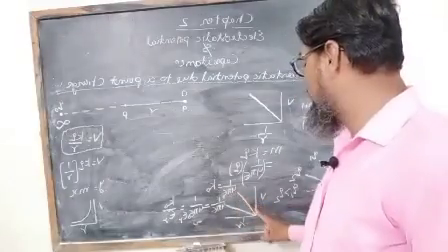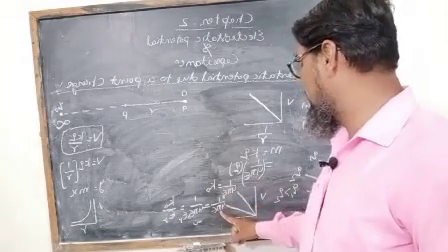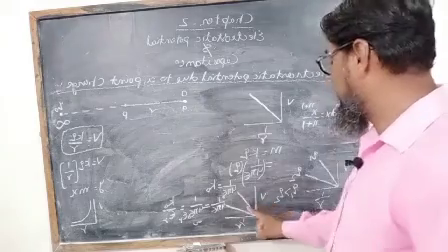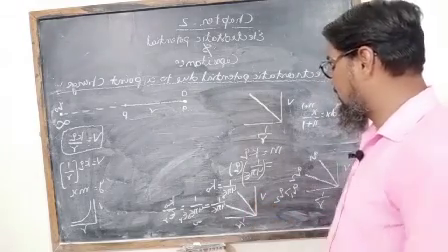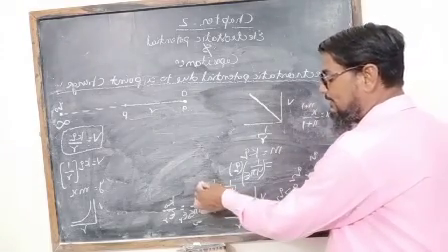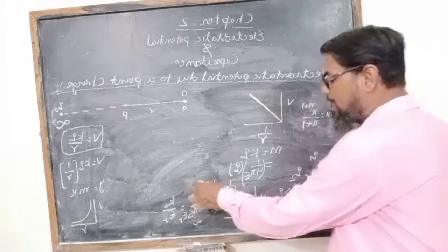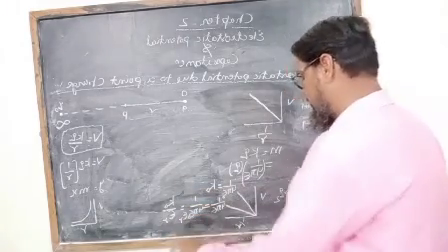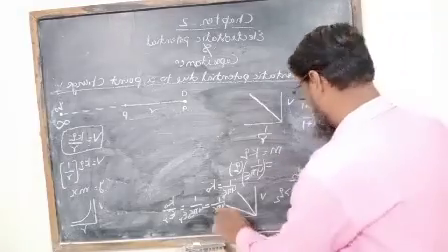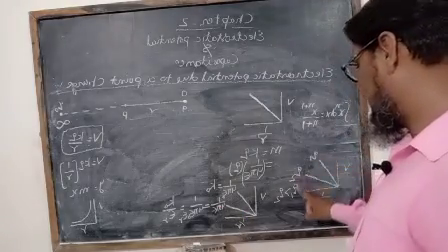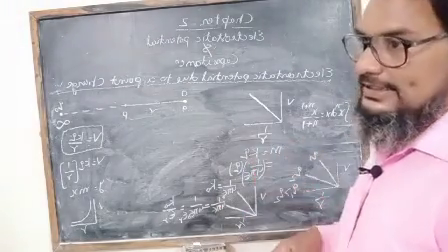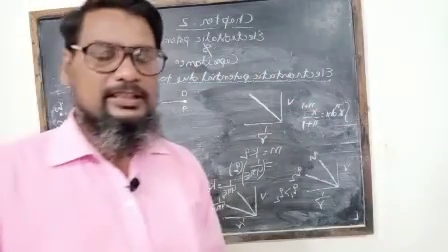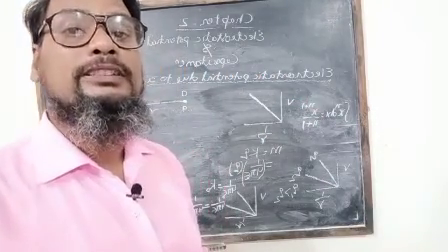So the slope for the medium will be smaller than the slope for vacuum. Here the greater slope belongs to vacuum, and this is for any other medium. And for the case of charge, the greater charge shows the greater slope of the curve, and the smaller charge shows the smaller slope of the curve.